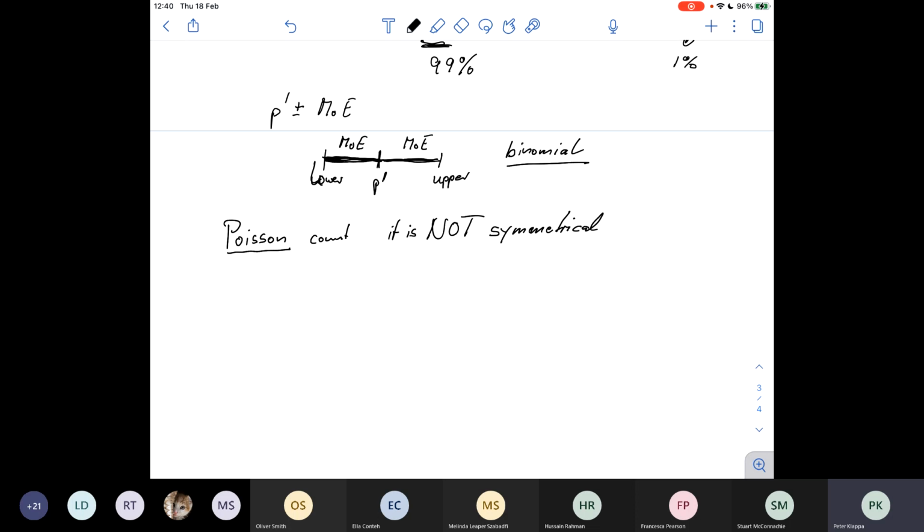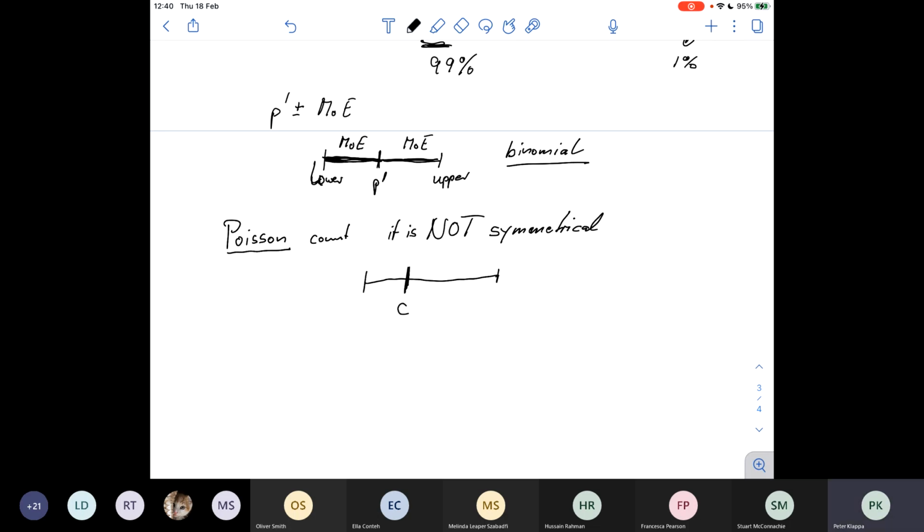That's also the reason why I did not give you the equation for how you do that, and I referred you to the calculator, because calculating a margin of error for a Poisson distribution is a true pain in the backside, and it probably looks a little bit like that.